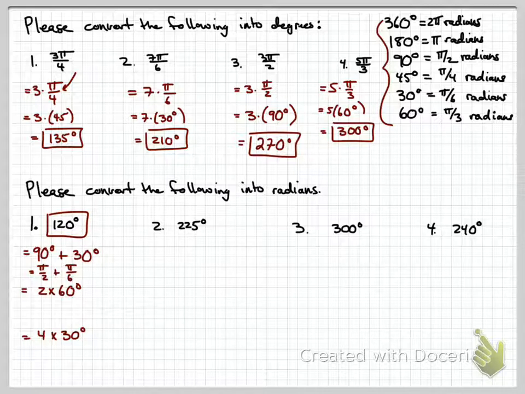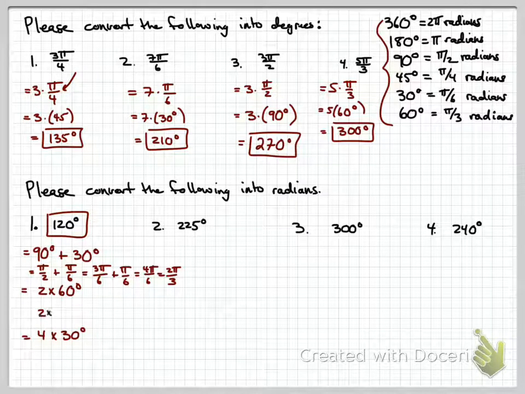Now, with a little bit of fraction work, we can call this 3 pi over 6 plus pi over 6 for a grand total of 4 pi over 6, also known as 2 pi over 3 when we reduce that fraction. All right, let's see if the other ways give us the exact same outcome. So 60 degrees we know is pi over 3, so 2 times pi over 3 gives us 2 pi over 3.